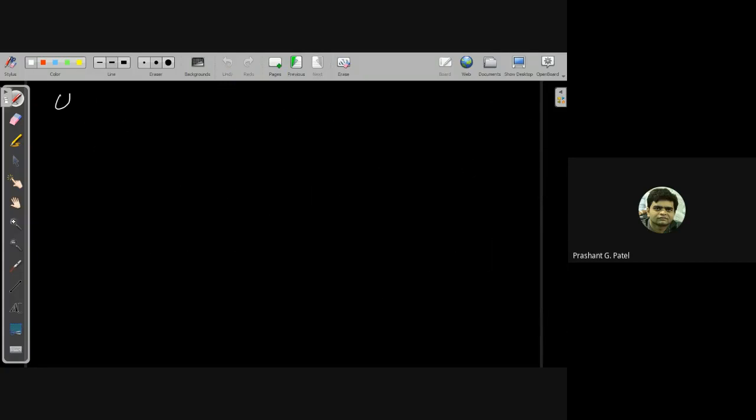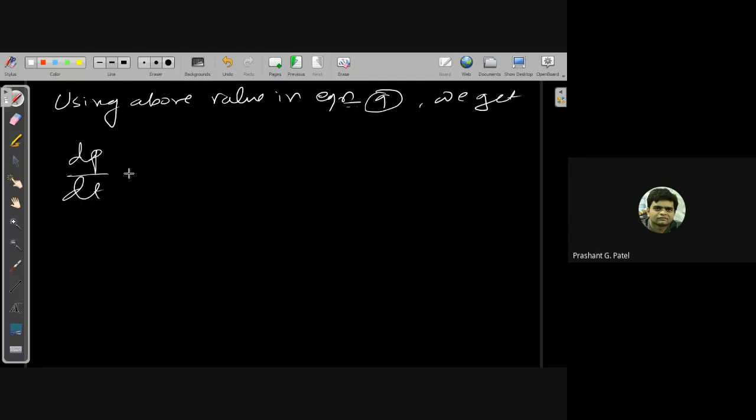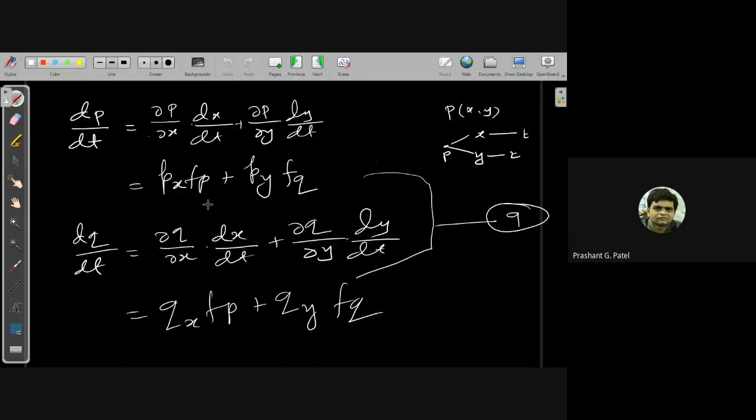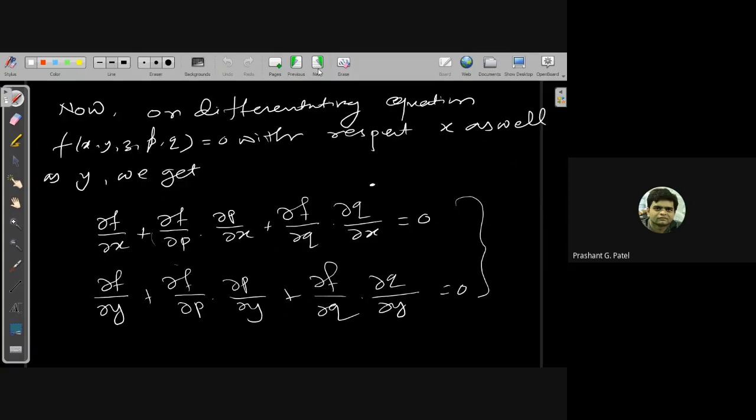in equation 9 we get dp by dt is equal to, just observe that equation 9 is this, so it will give me, oh, here I made a mistake.